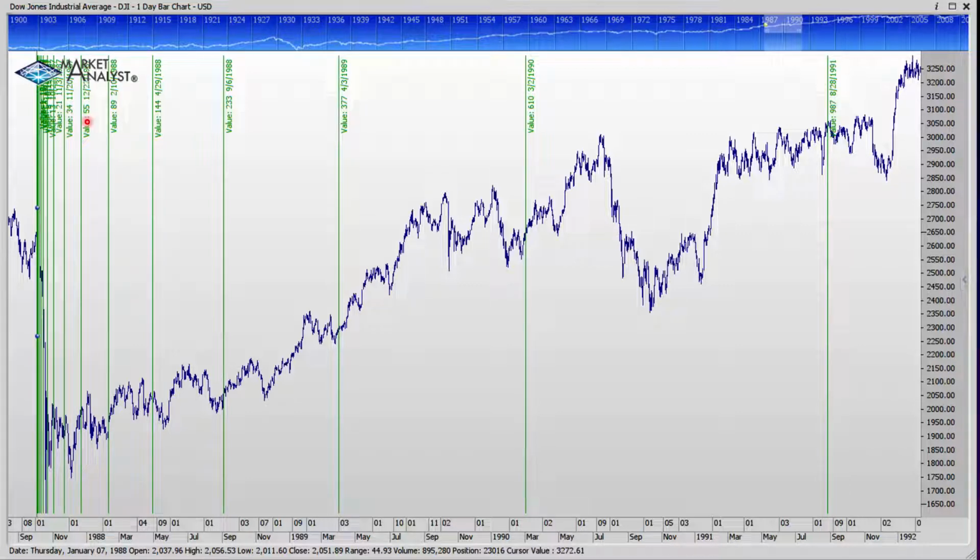Notice that we have here 55, 89 days later, 144 days later, 233 days later, and on and on. And this does have some limited benefit. As you can see, it lines up, at least initially, with highs and lows.